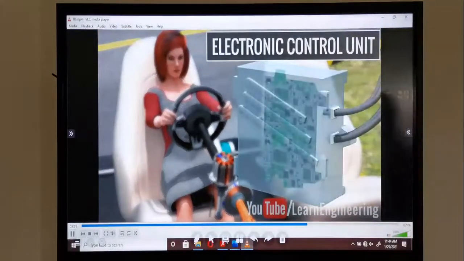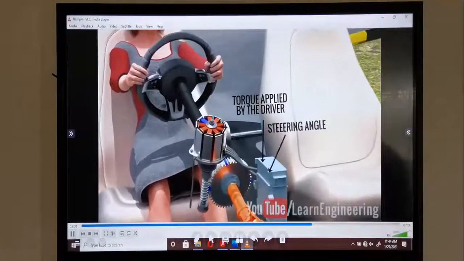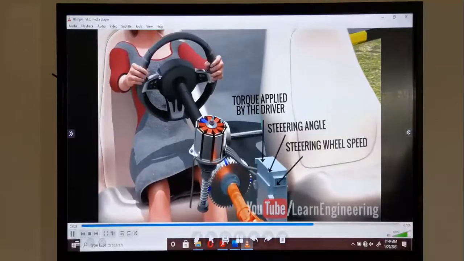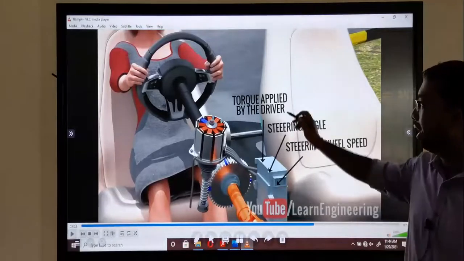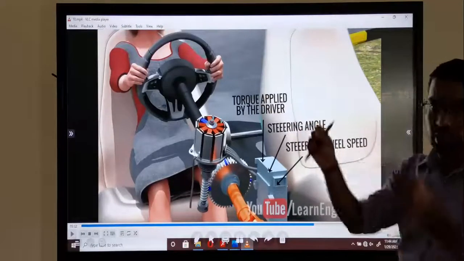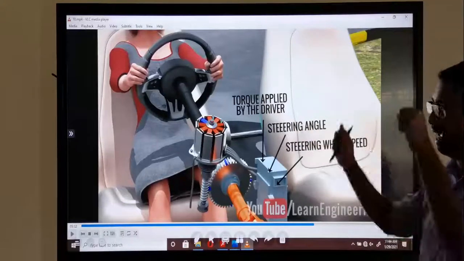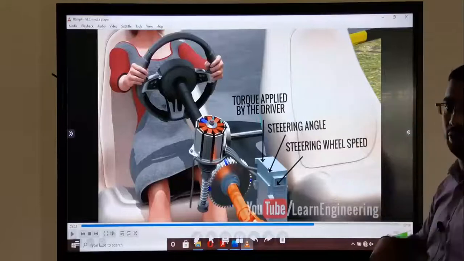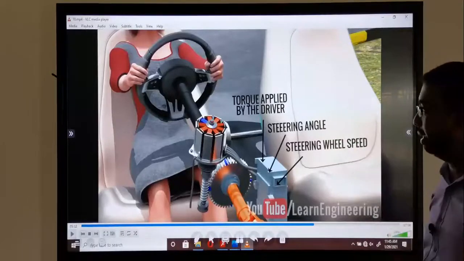So there is an electronic control unit, ECU. There are some inputs read by the ECU: the torque applied by the driver on the steering wheel, how much torque the driver applied; the steering angle, how much the steering is going to rotate or turn; and the steering wheel speed, the rotation speed.